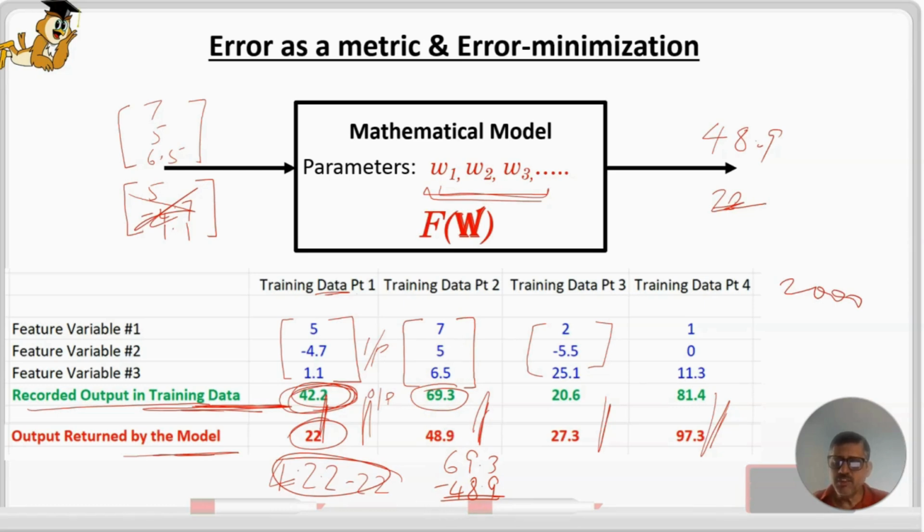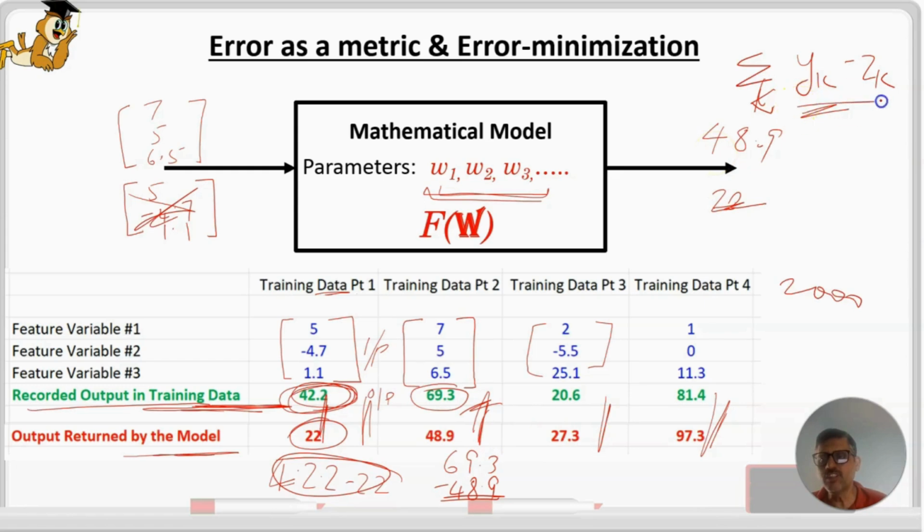So, assuming that all training points have the same level of importance, it becomes useful to define the error as a summation over all training points, let's call them k, the running variable, of yk minus zk, where yk is what you wanted it to be and zk is what your model returned, right?